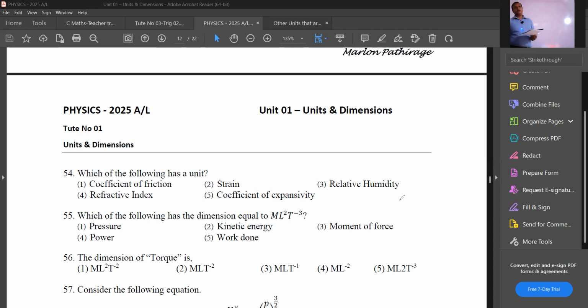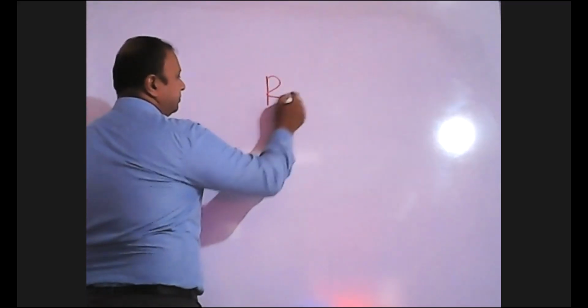Relative humidity is a ratio between two humidities. You will learn that in the heat lesson.